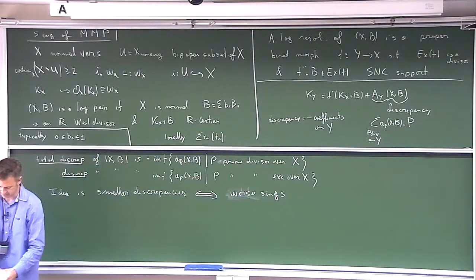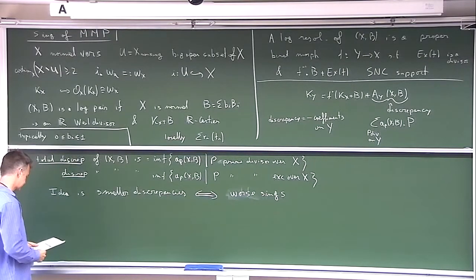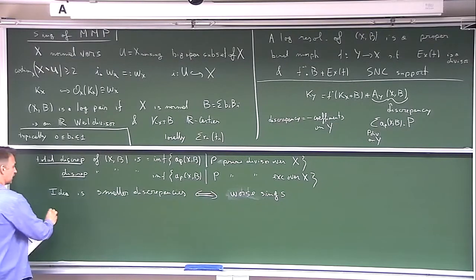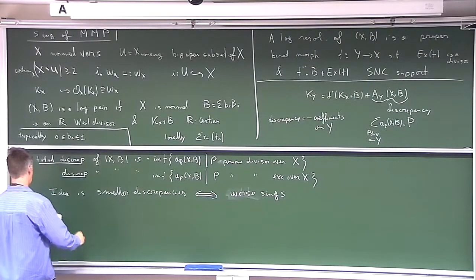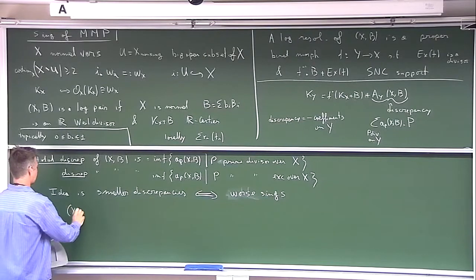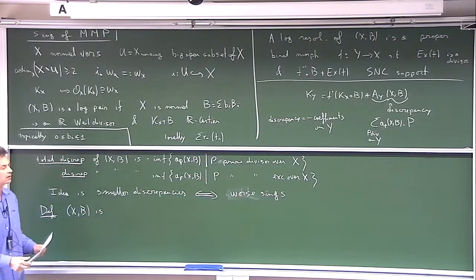Maybe let me skip that remark. First of all, let me give you the definition. So in this spirit, we define the following singularities. So first of all, we say definition. Excuse me, is it ever clear that this is always a negative number? That the discrepancy is always a negative number? I didn't say that. No, of course not.